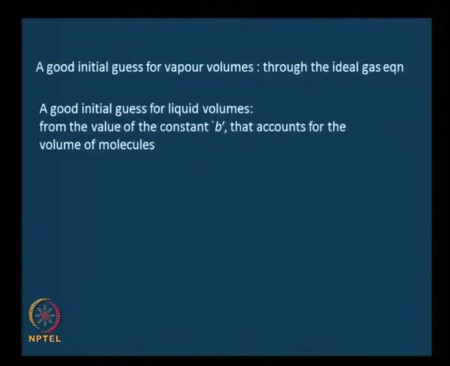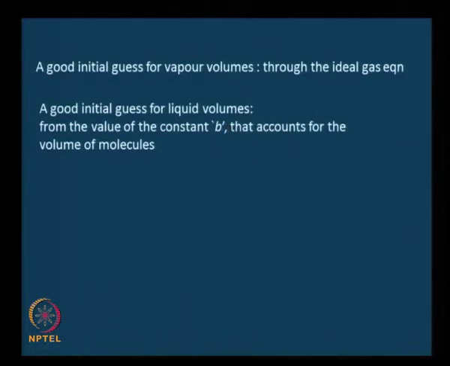When it is a gas, the molecules are farther apart, and therefore the fraction of volume that is occupied by the molecules is less, whereas in a liquid they are all close together, and this value of B could be the first guess that one could make when one is looking at liquid volumes.